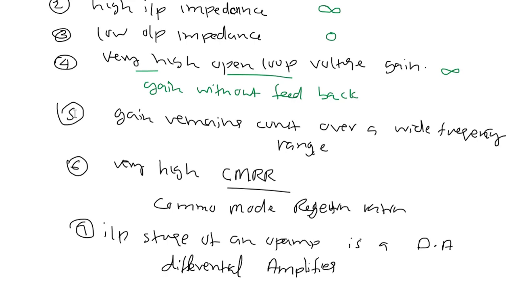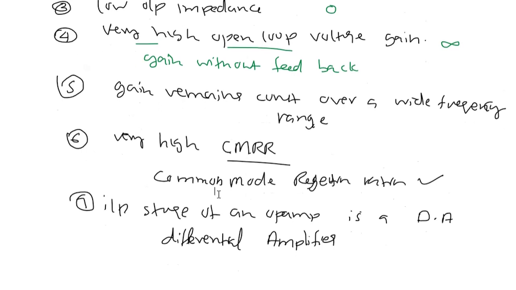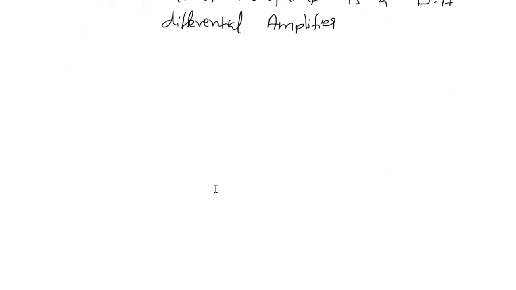So first we will discuss differential amplifier, then I will say what is common mode rejection ratio. Suppose you have an amplifier circuit, a schematic diagram like this. This is my differential amplifier. You have two inputs, one input is V1, the other input is V2, and you have an output.